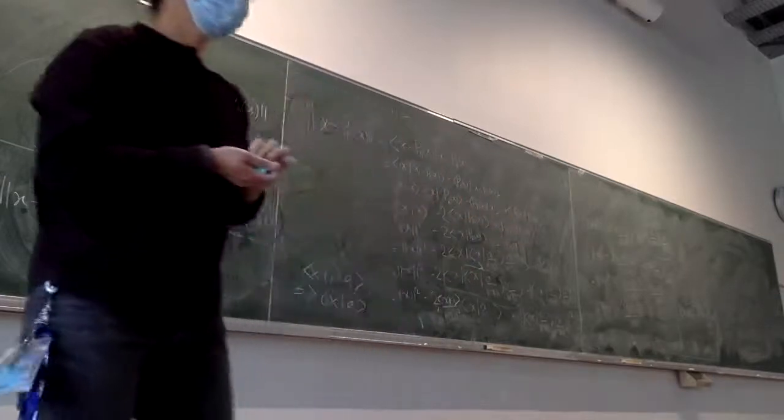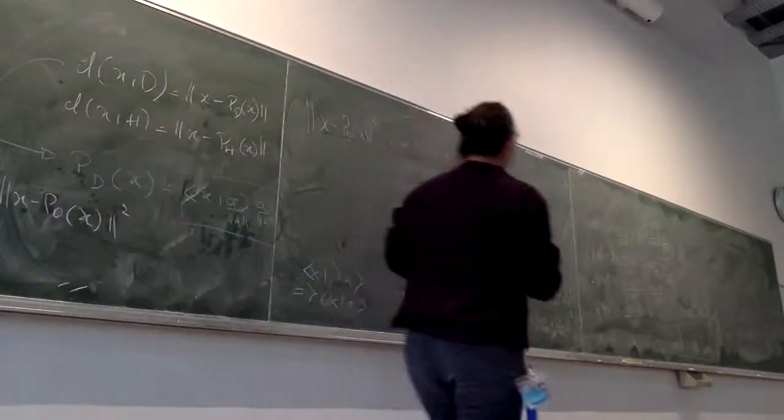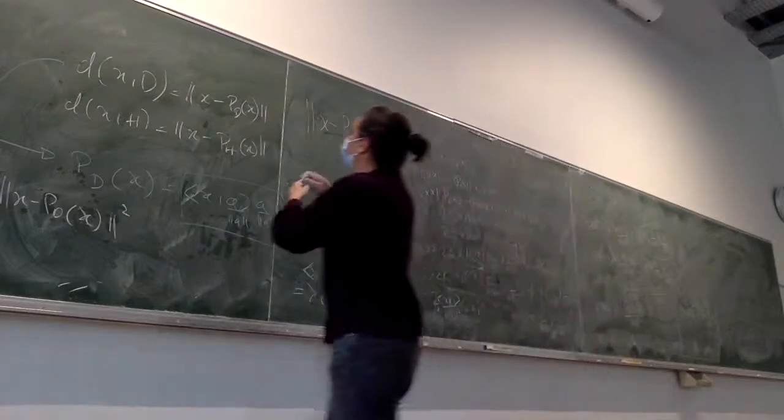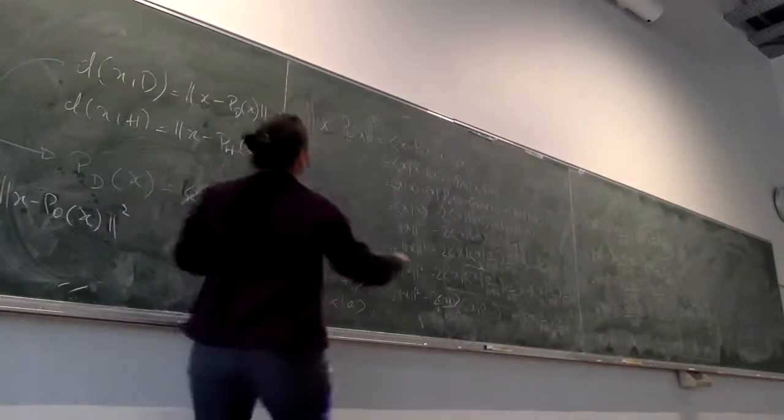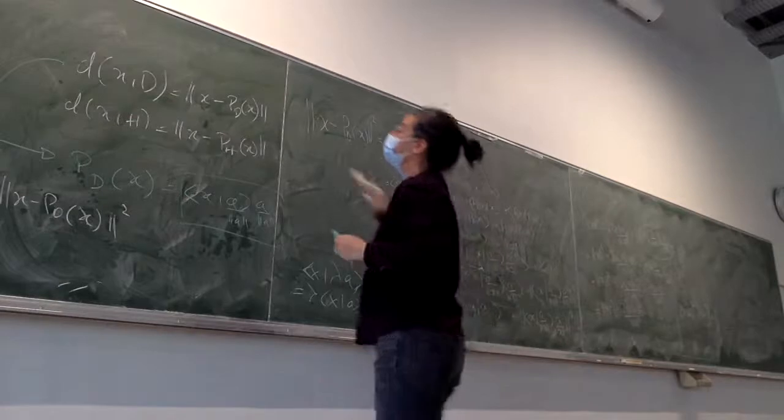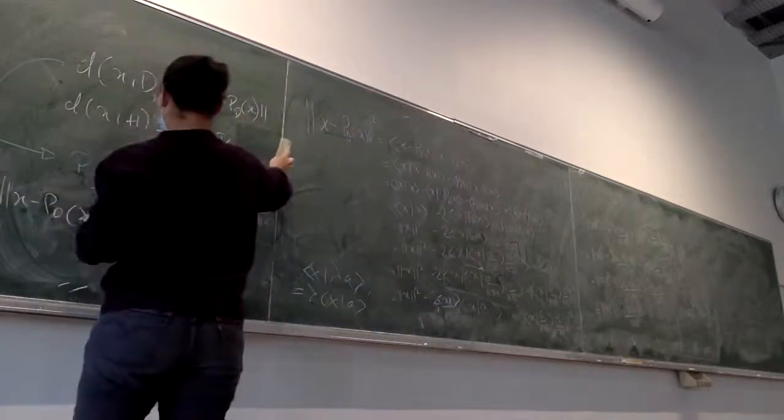And so in the end, it's square root of this. And so in the end, yes, we have that this first one is really the square root of that. And computed the square. Right.